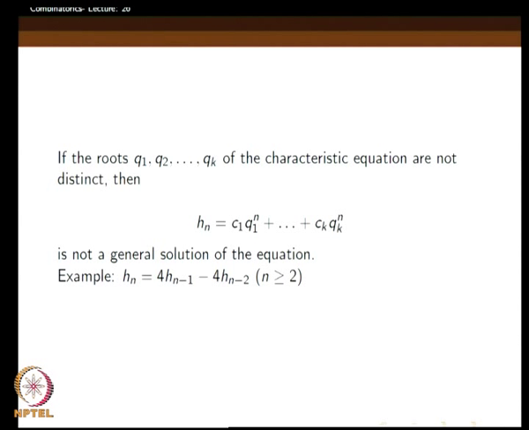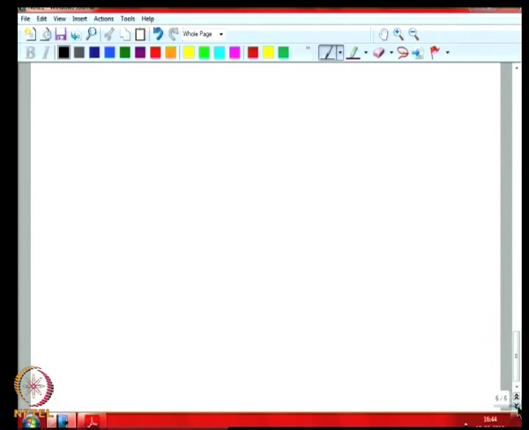So for instance, let us look at this recurrence relation, Hn equal to 4 times Hn minus 1 minus 4 times Hn minus 2 for n greater than or equal to 2. This works for n greater than or equal to 2 only.